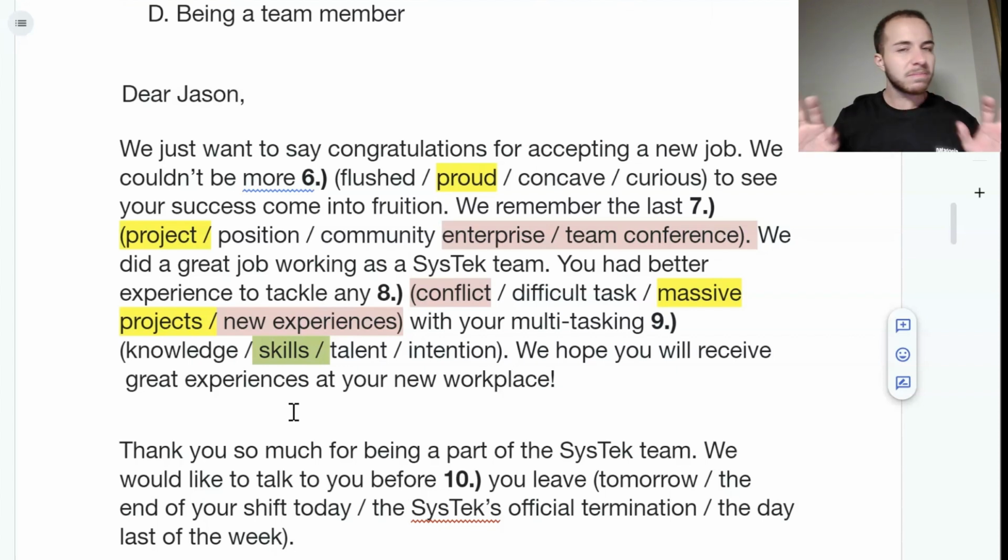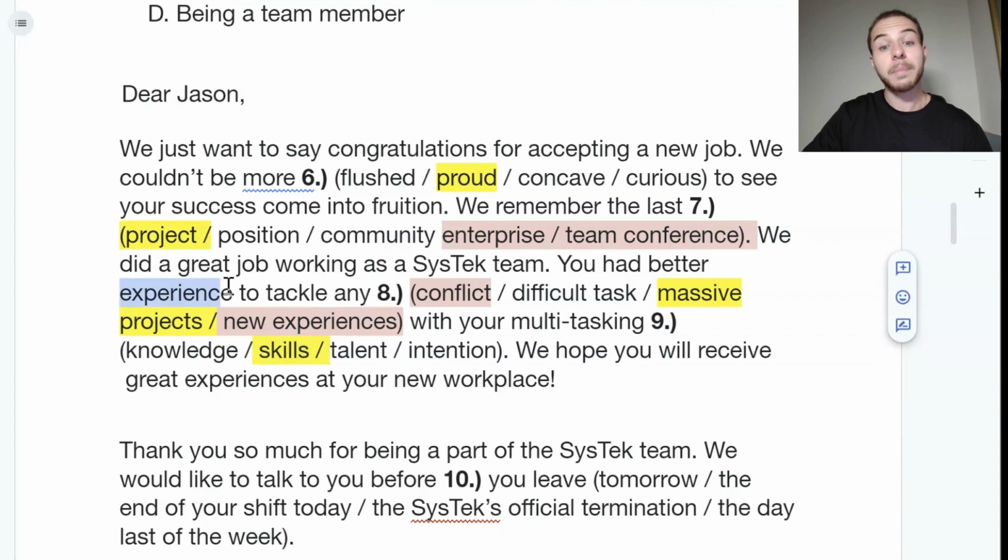Multitasking intention, not really a thing. So skills or talent. Now here they are talking about his experience tackling massive projects. So he has the skill to do it. So skill works the best here. But just be careful because these are very similar.